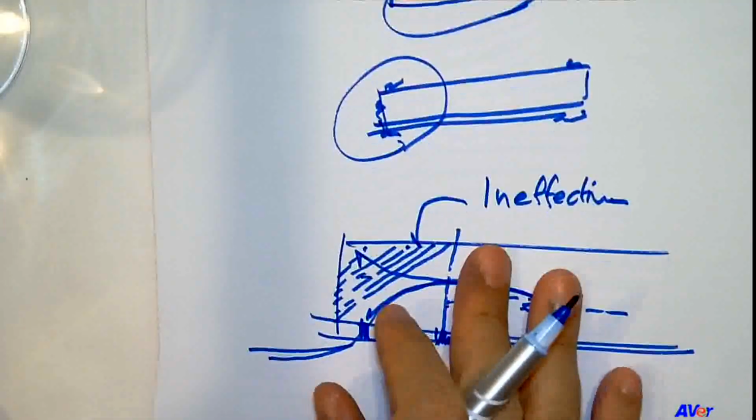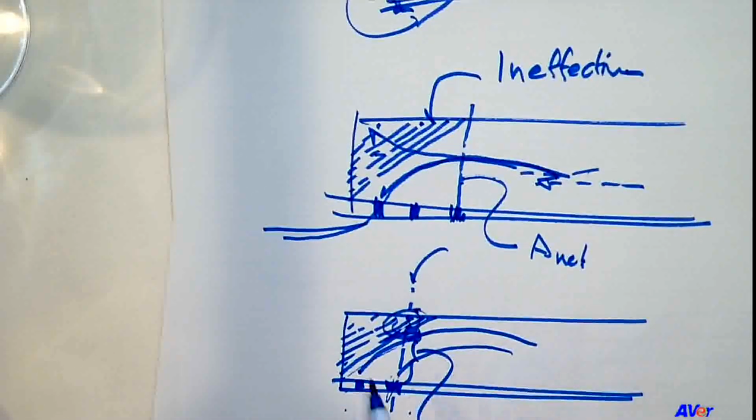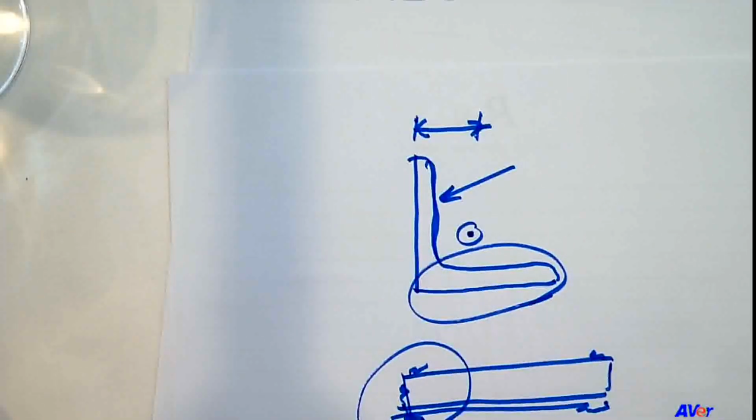So that is why the force transfer will not go into that area like this. Okay? All right, so it creates the ineffectiveness of the force transfer. If you can connect both legs, shear lag phenomenon will not occur.